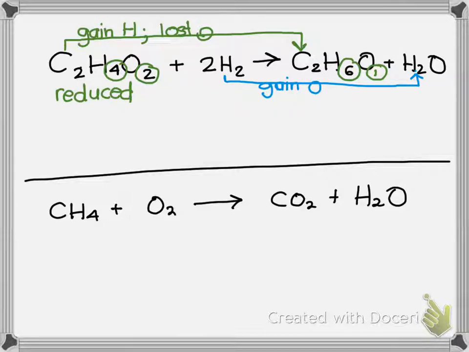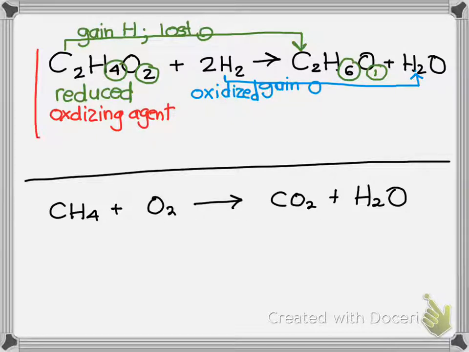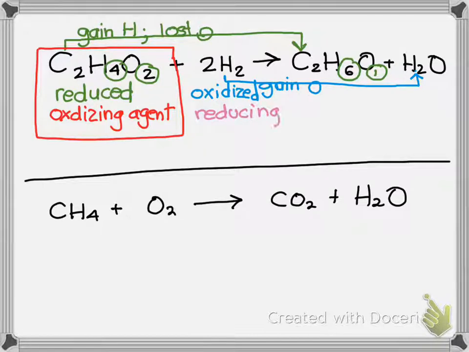So gaining of oxygen, remember it's and/or, that means this is oxidized. Now, if I'm thinking about the reducing and oxidizing agents, the first one is reduced, so it's the oxidizing agent. And so this substance here is reduced and is the oxidizing agent. And then oxidized, this is the hydrogen, is the reducing agent.